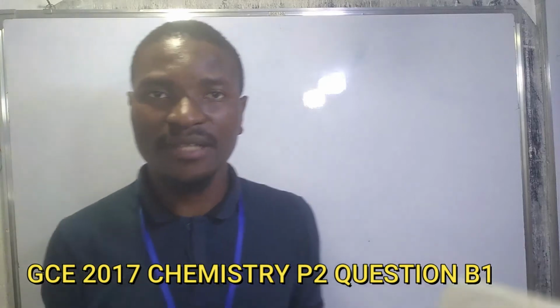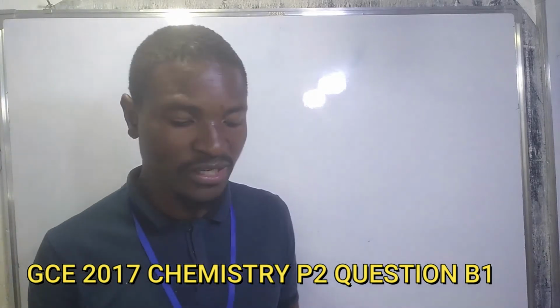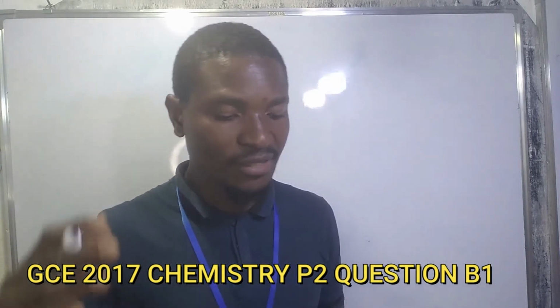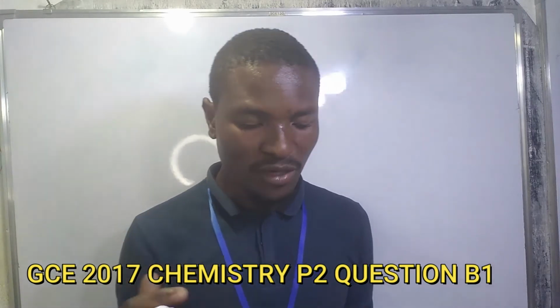I'll read it out loud so that you can get a sense of what the question is talking about. This is section B, chemistry, question B1. The question goes like this: a spillage of 15.5 tons of sulfuric acid results from an accident of a road tanker. Slaked lime is used to neutralize the acid according to the equation below.